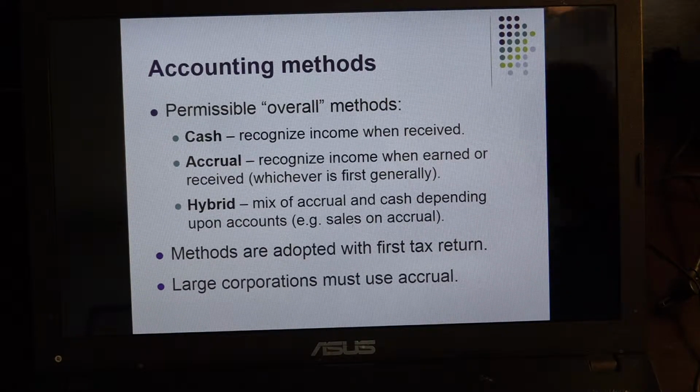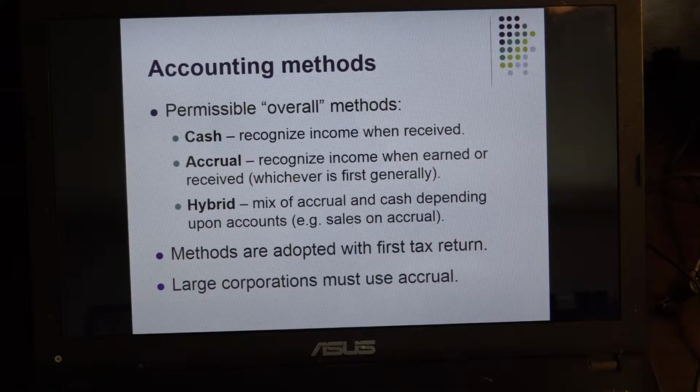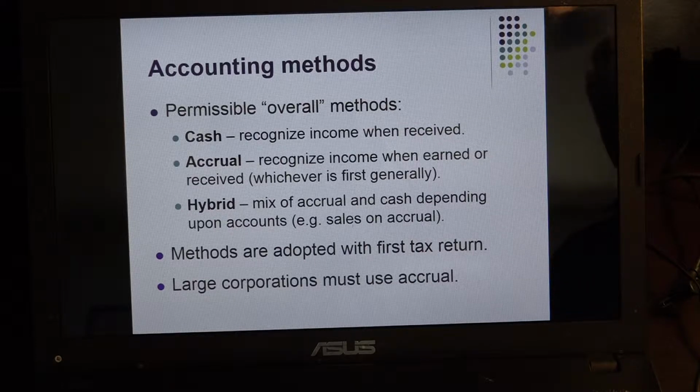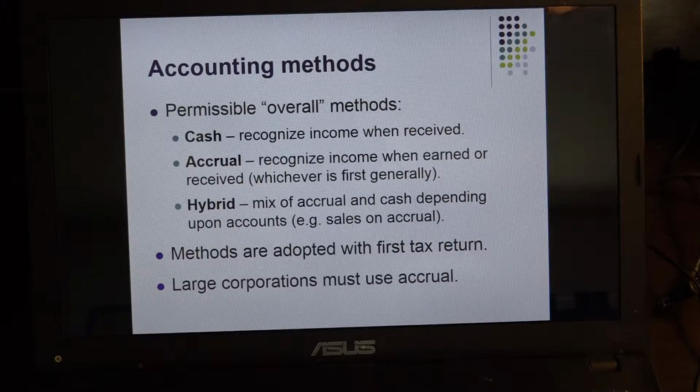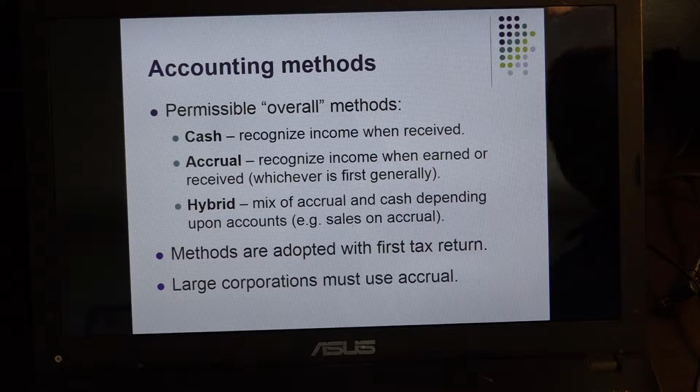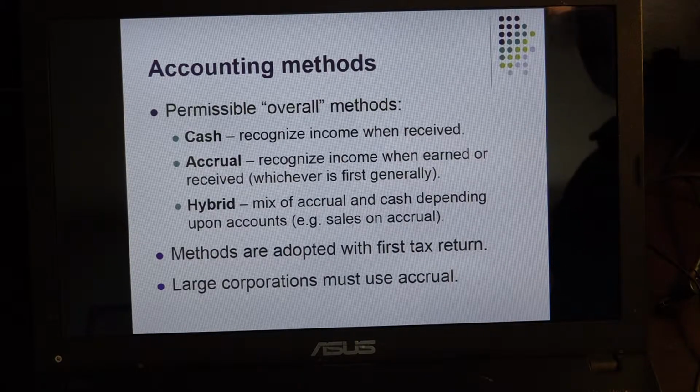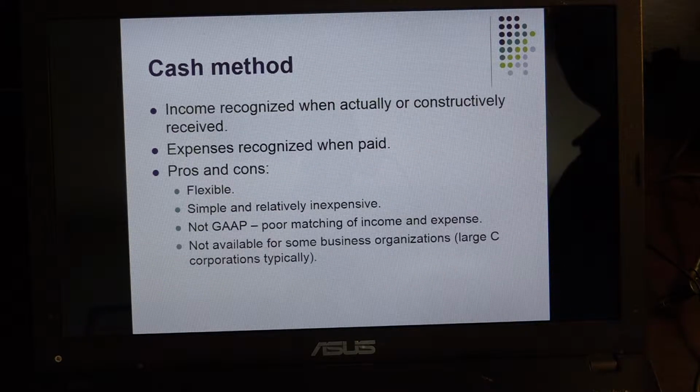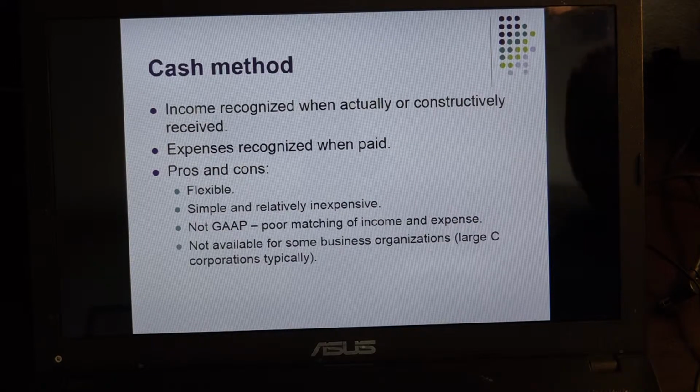So just like with the tax year, the accounting methods are adopted with the first tax return, and again, if you change, you've got to get approval from the IRS prior to changing. Most large corporations must use accrual method.